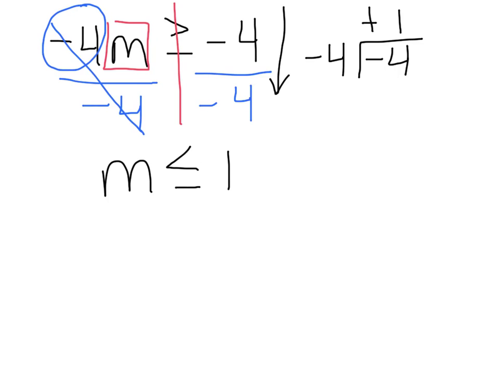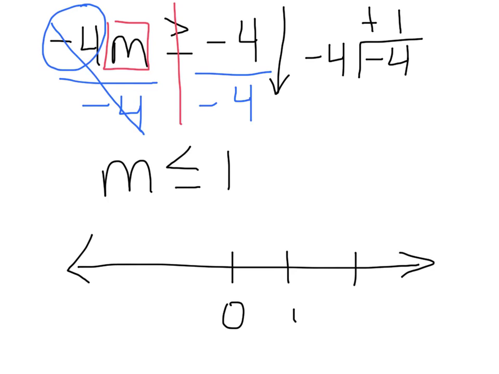Now to graph this inequality, the first thing you need to do is draw yourself a number line. Your number line, remember, has arrows at both ends because number lines continue in both directions. You could place a 0, a 1, and a 2, and a negative 1 and a negative 2.